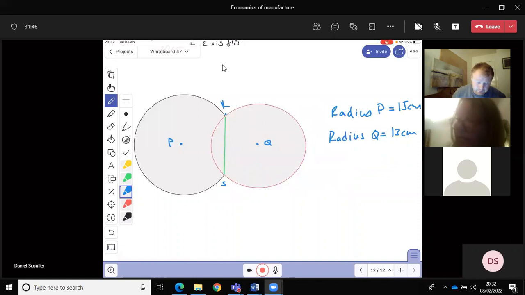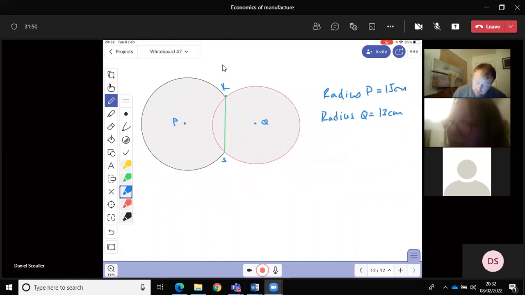And RS, okay, length is 24. So line RS is 24 centimetres.